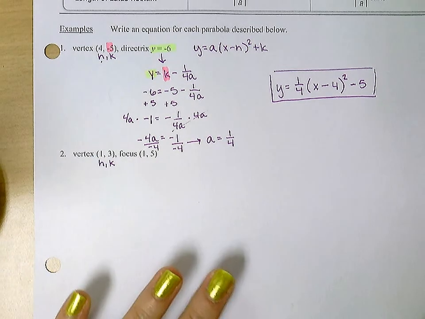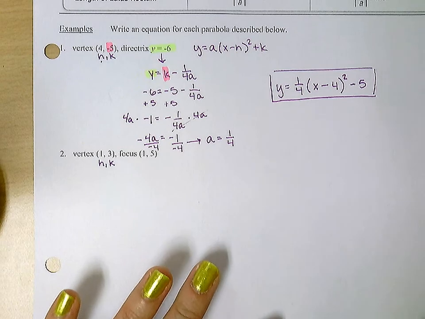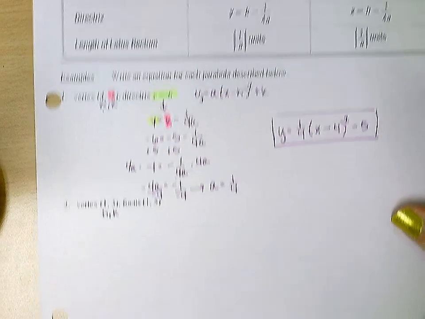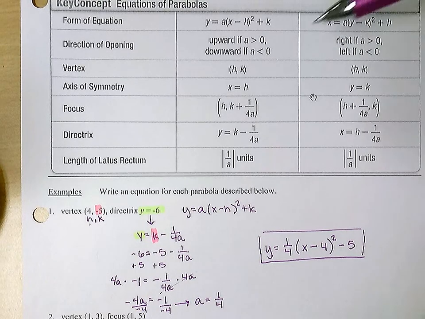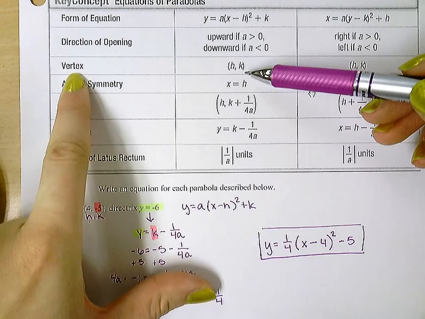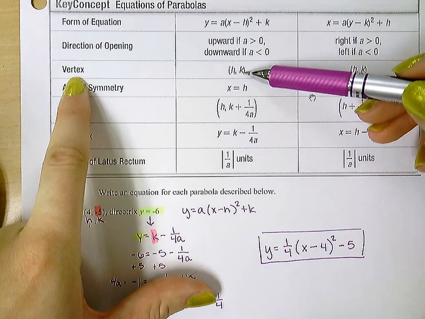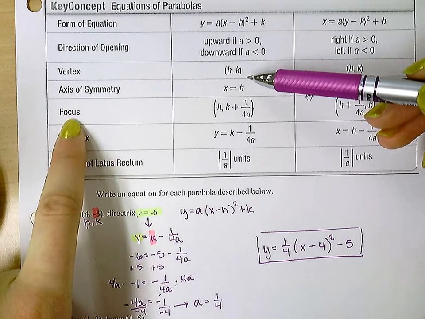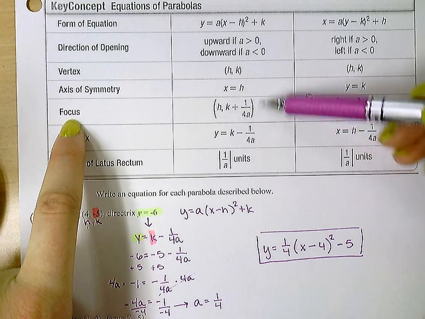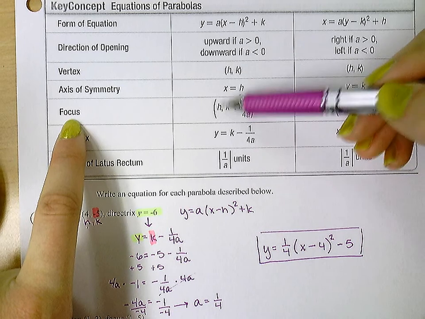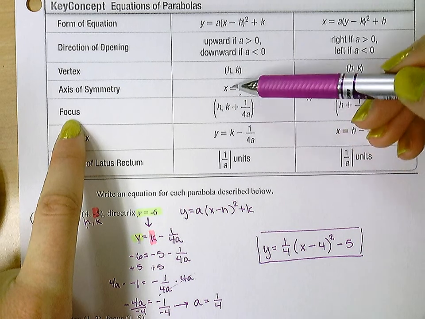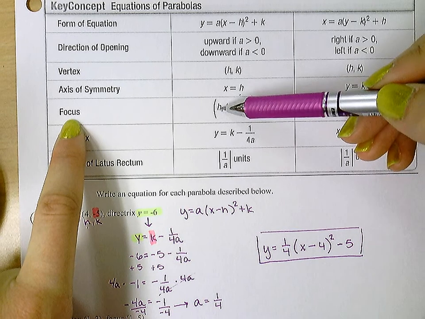So between your vertex and your focus point in your chart above, you have to see where your h's are the same. If I look at the vertex right here, I have (h, k), and focus right here, I have h, and then my y value changes, right? So my h values stay the same here, just like they should both be 1.